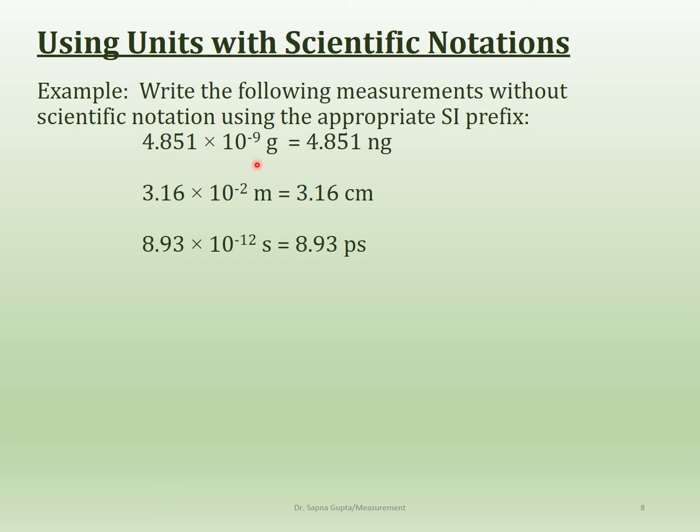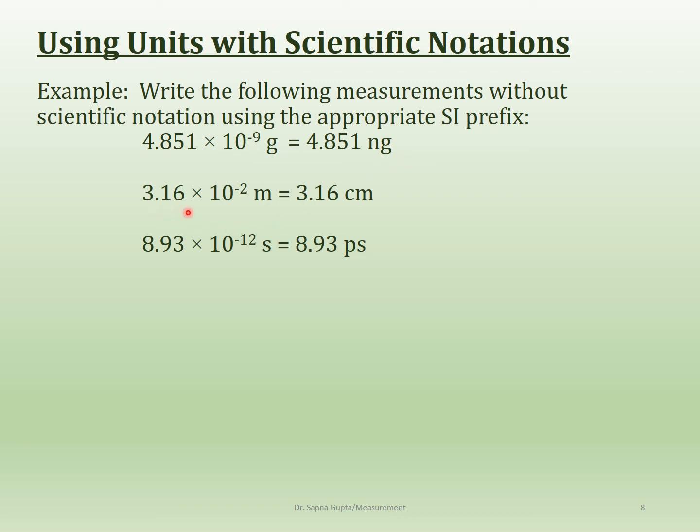For looking for the SI prefix, what you're looking for is this number on the 10 to the power of whatever, because that's the nice thing about the SI units, everything is based on 10. So 10 to the negative 9 is actually nano, which is a small unit, and remember this is negative 9, which means that it is small. So now this becomes 4.851 nanogram.